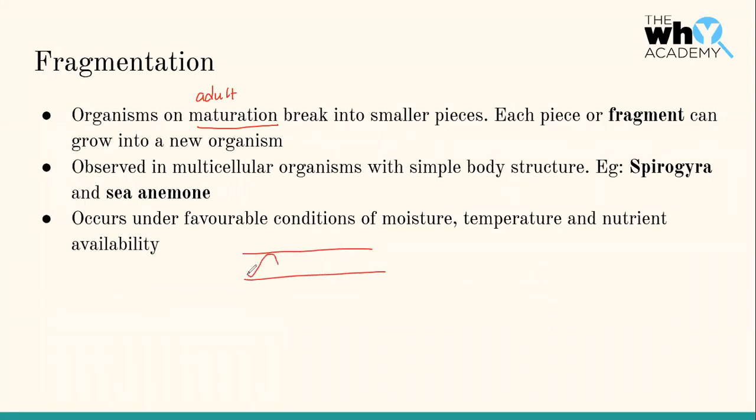So Spirogyra basically has something like this. It has this kind of structure. This diagram used to be there in the textbook. And then it will break into fragments and suppose something like this and one more.